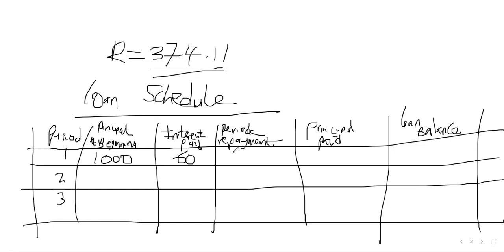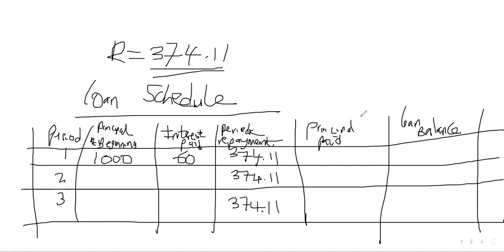The periodic repayment is 374.11. The principal paid is 374.11 minus 60.